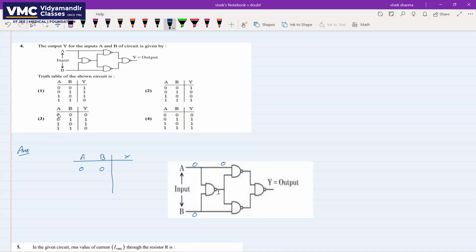And this is 0, this is 0, this is 1, 1, 0, 1, it will be 1. Again 0, 1, it will be 1, and 1, 1, it will be 0.